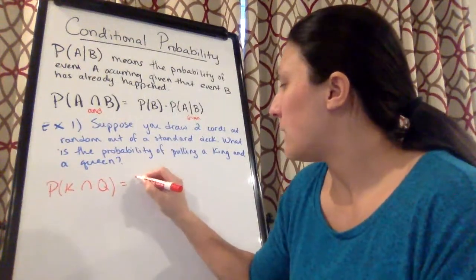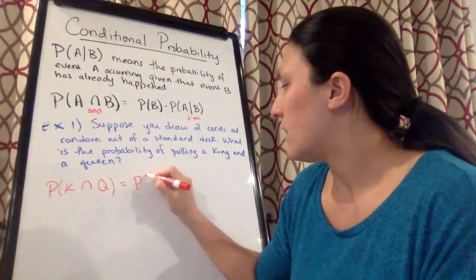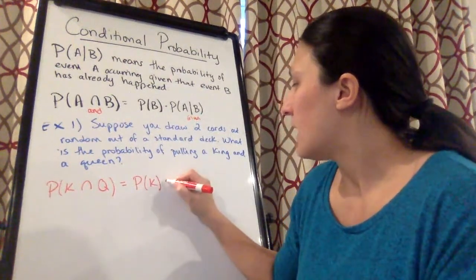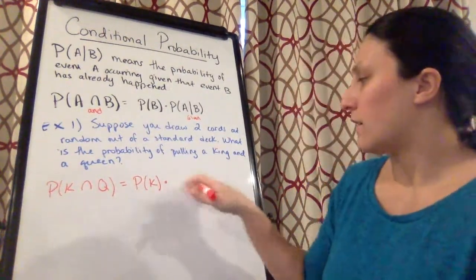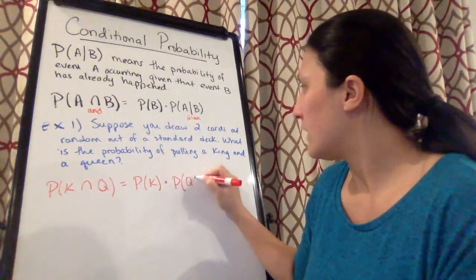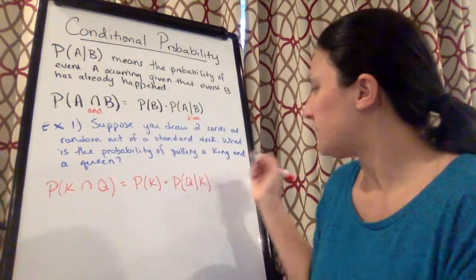And so that means you need the probability of a king happening first, and then times, I already think I wrote this wrong, but let me finish it out. The queen given the king has happened.